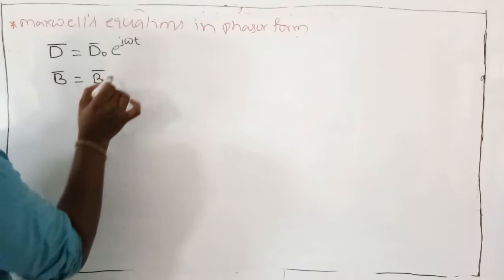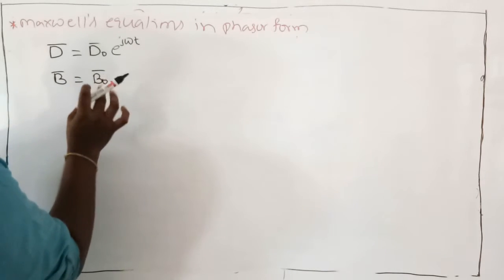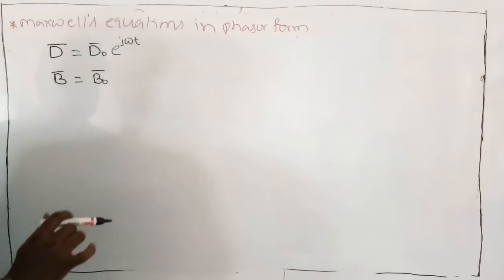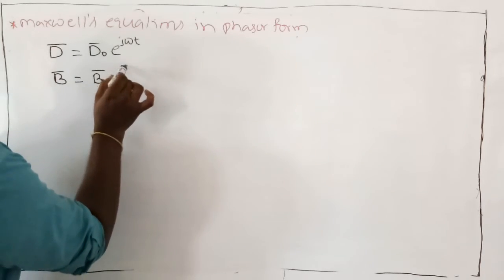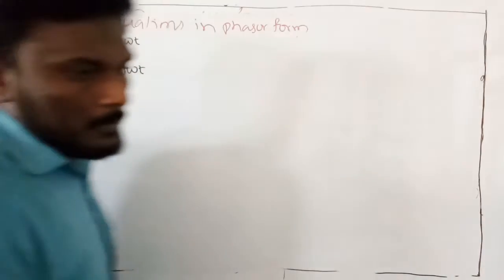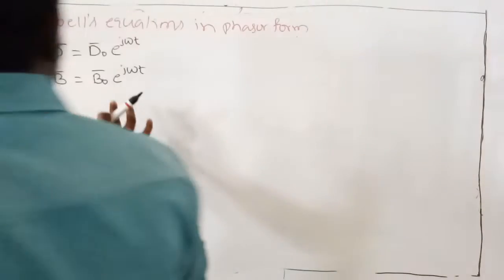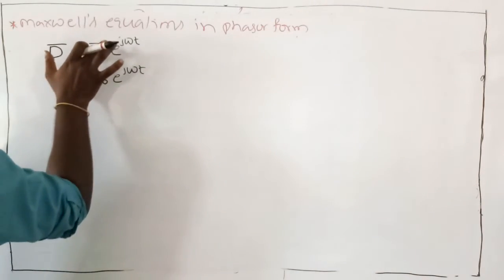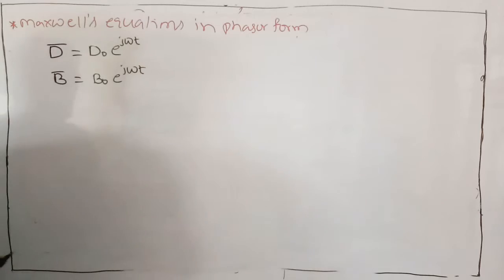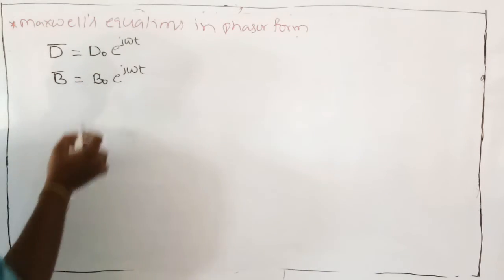Similarly, you have to represent B bar in terms of magnitude and e power j omega t. As it is a magnitude, you should not write the bar here. E power j omega t represents the angle and D naught is the magnitude.